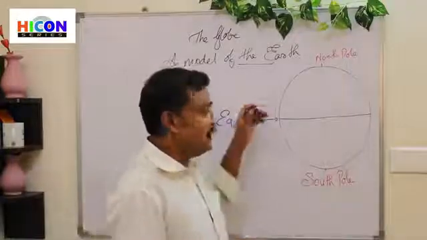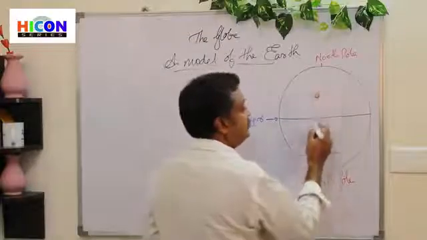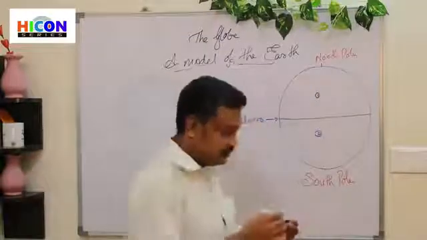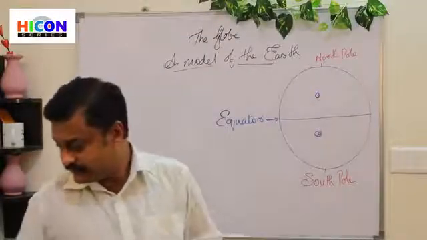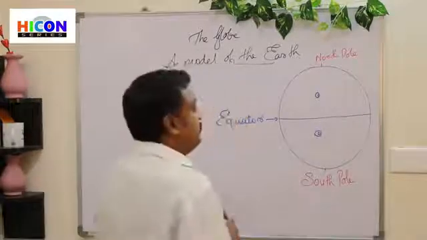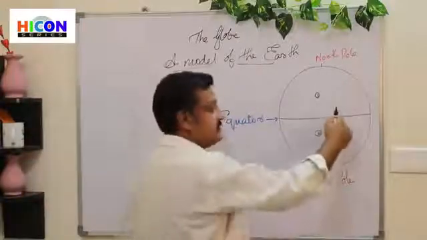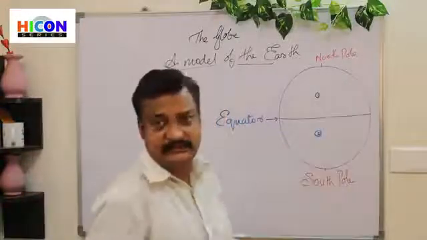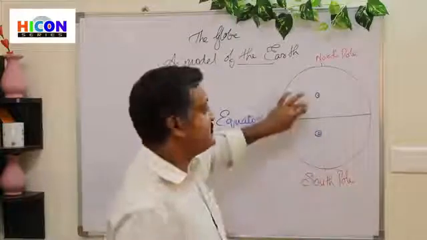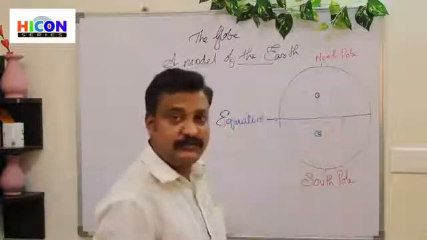Which are the two parts? This is 1, this is 2. This is to the north of the equator, this is to the south of the equator.